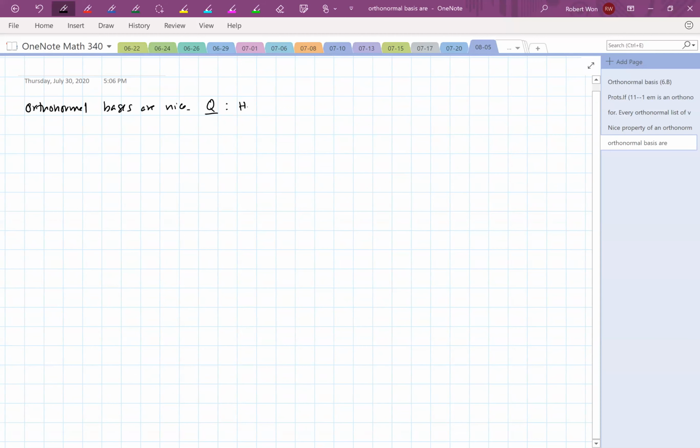So orthonormal bases are nice, but the question is, how special are they? By which I mean, does every finite dimensional vector space have an orthonormal basis? If so, how do I find one?